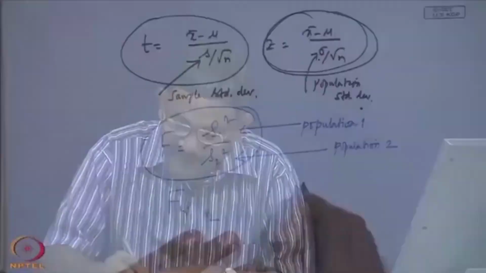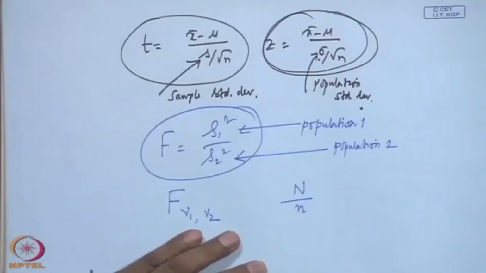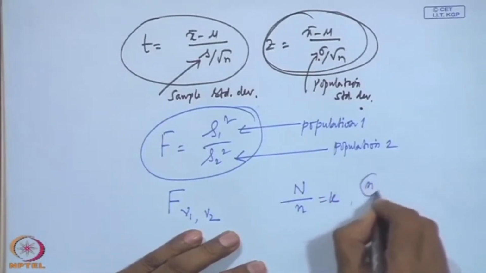Last one is systematic sampling. Systematic sampling means you basically follow an order. For example, suppose the kth observation you will collect in one sample. Suppose the population size is capital N, sample size is small n, and suppose this ratio is k, you want to collect a sample of n.